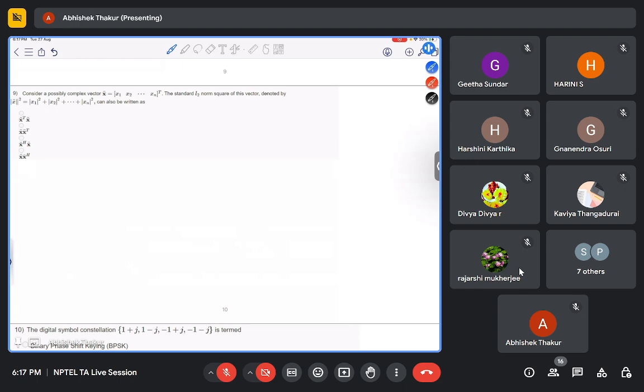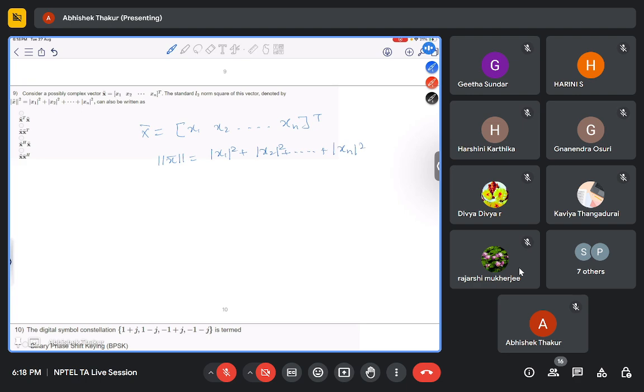Consider a possibly complex vector. The vector x is given as x1, x2, ..., xn transpose. The L2 norm square of this vector is denoted by mod of x1 square plus mod of x2 square plus ... plus mod of xn square.